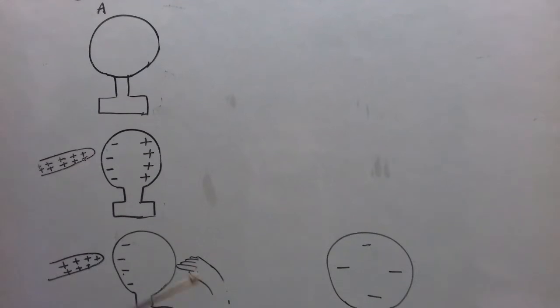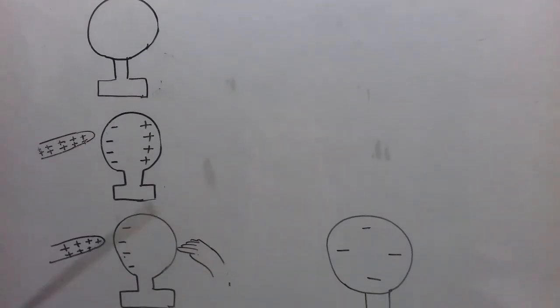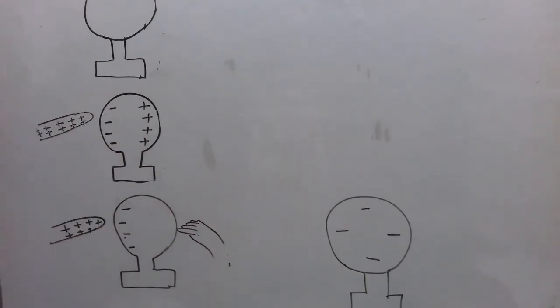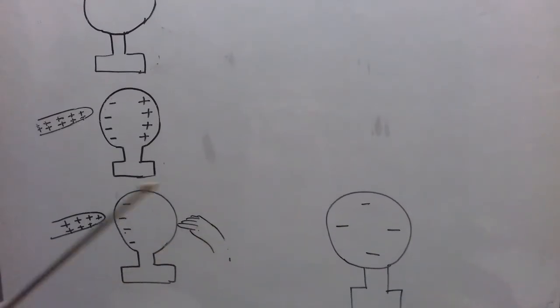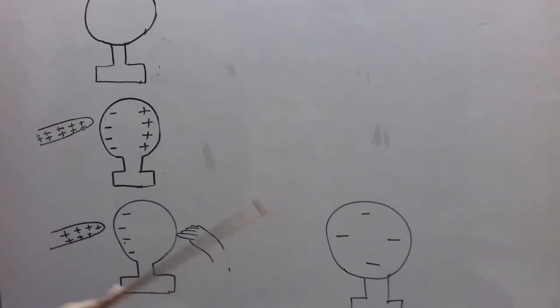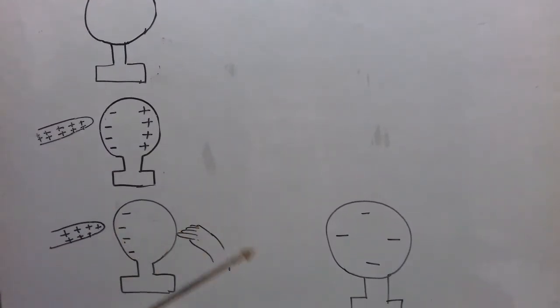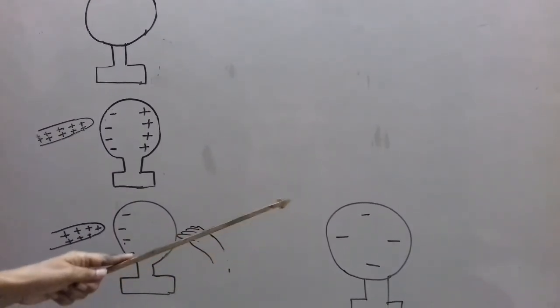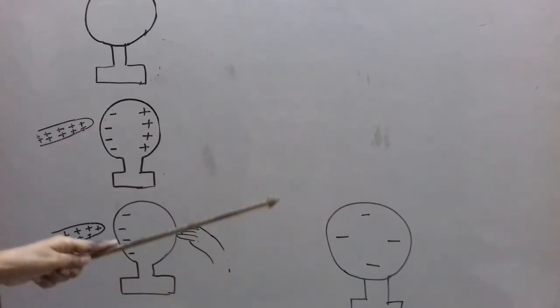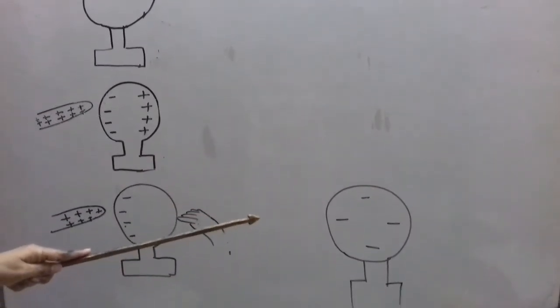Earthing will take place. Sharing of the positive charge will take place with the ground or with the earth. And now if I remove the hand and I remove the rod, the negative charge will be uniformly distributed over the entire metal sphere surface.